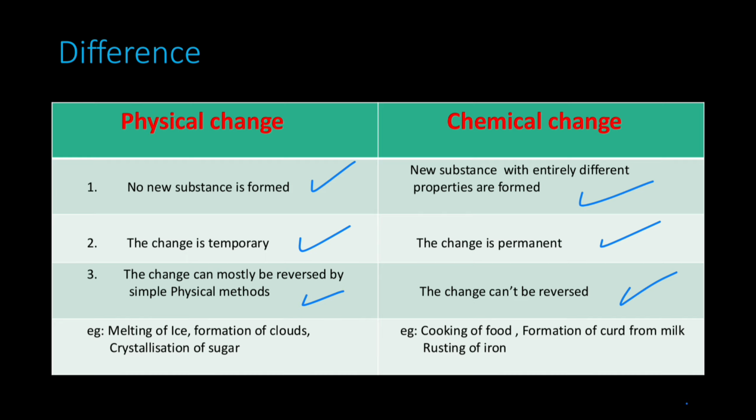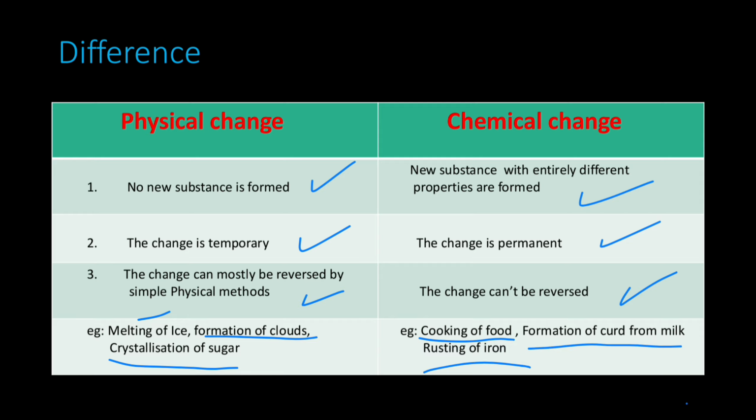So sometimes it is irreversible, but mostly you can reverse the changes with simple physical methods. But in chemical change, the change can never be reversed. It is irreversible. Examples for physical change: melting of ice, formation of clouds, crystallization of sugar. In chemical change, we see cooking of food, formation of curd from milk, rusting of iron, digestion of food.